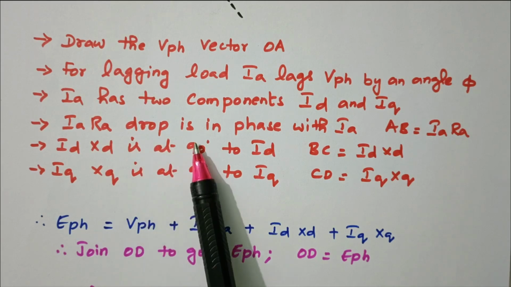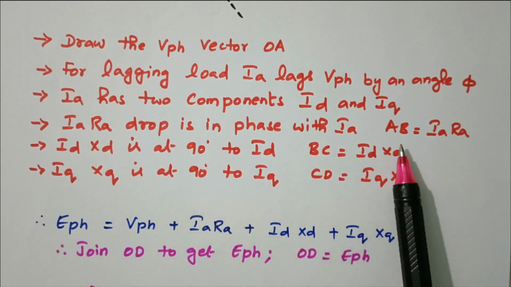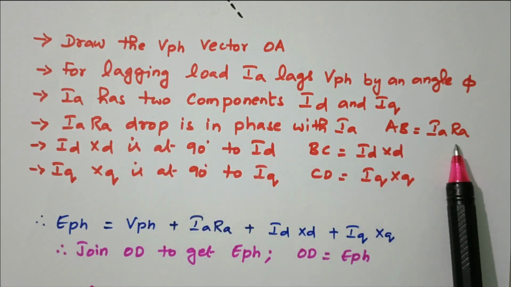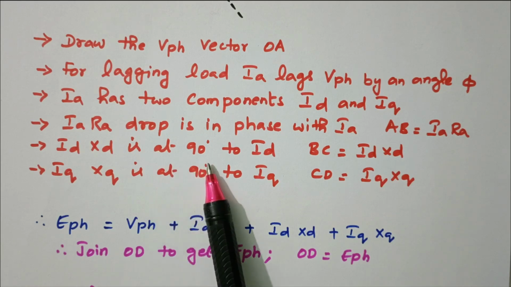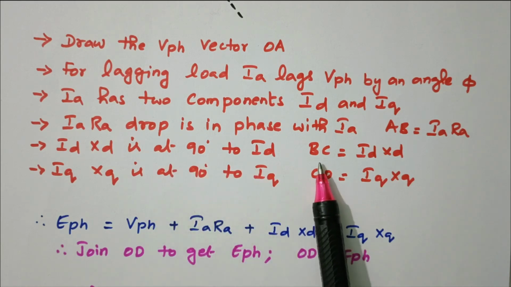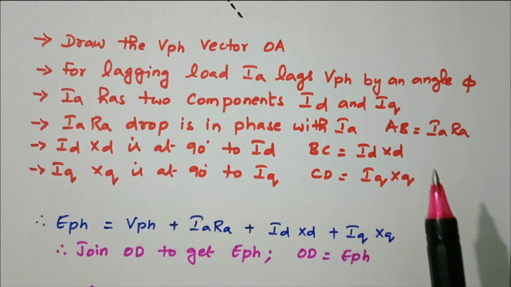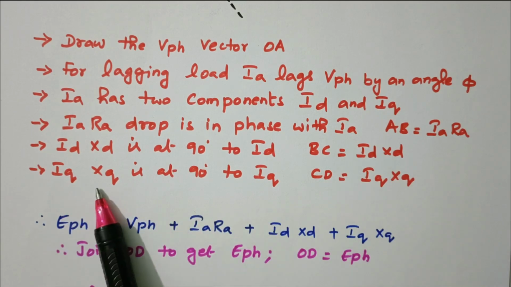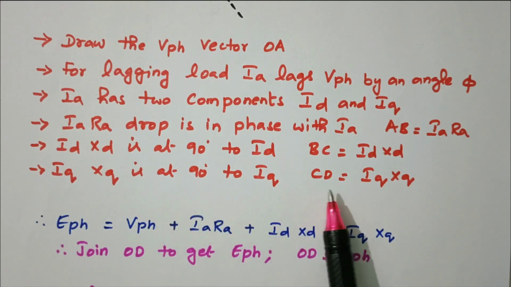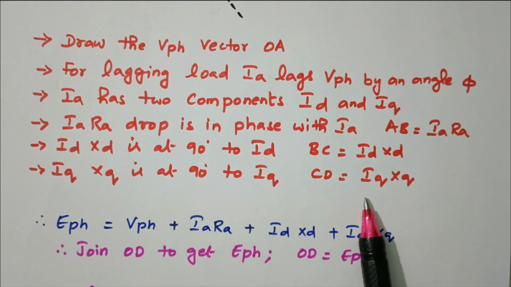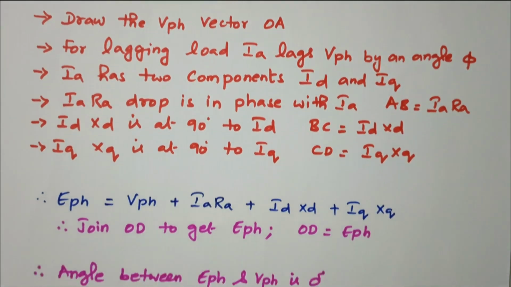The Ia Ra drop is in phase with Ia, that is AB equals Ia Ra. Id Xd is at 90 degrees to Id, that is BC equals Id Xd. Iq Xq is at 90 degrees to Iq, that is CD equals Iq Xq.